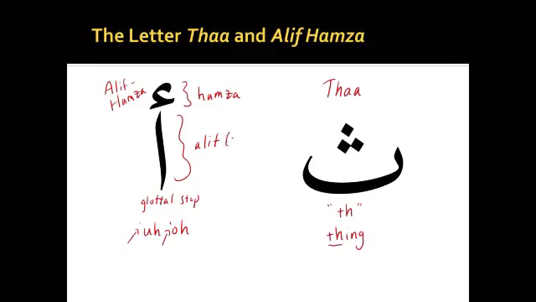Actually, we call this alif here a seat for the hamza, because the hamza can have more than one kind of seat, and we'll see that later in the following lessons on these letters. So this letter is actually a hamza, but it's sitting on an alif. Let's move on.